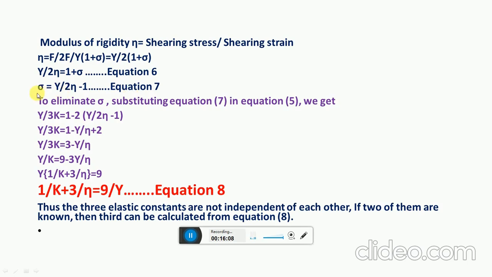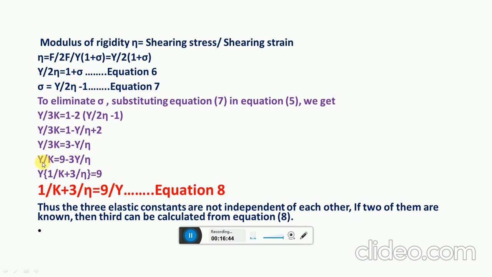Using this value of sigma in the above equation, that is equation number 5, we have Y upon 3K is equal to 1 minus 2 sigma, but instead of sigma we write Y upon 2 eta minus 1. Then solving this bracket, we have Y upon 3K is equal to 1 minus Y upon eta plus 2, minus minus becomes plus. Again rearranging the terms, simplifying the equation, Y upon 3K is equal to 3 minus Y upon eta.